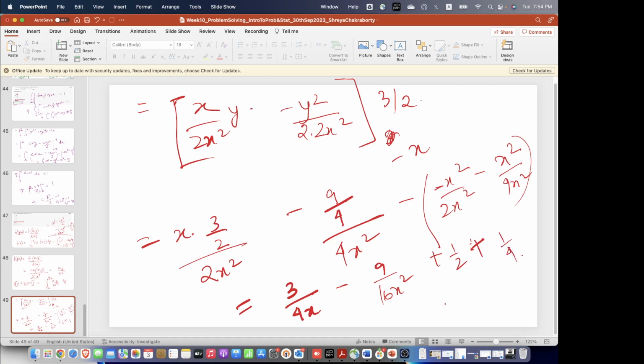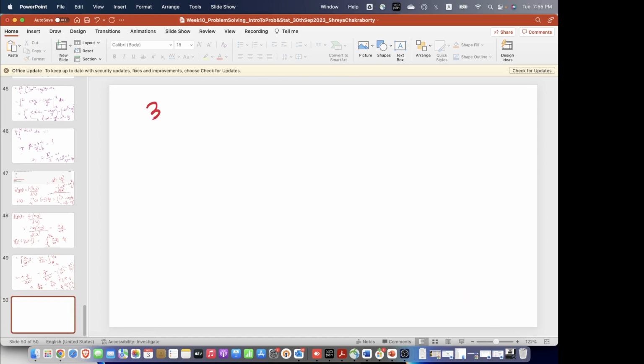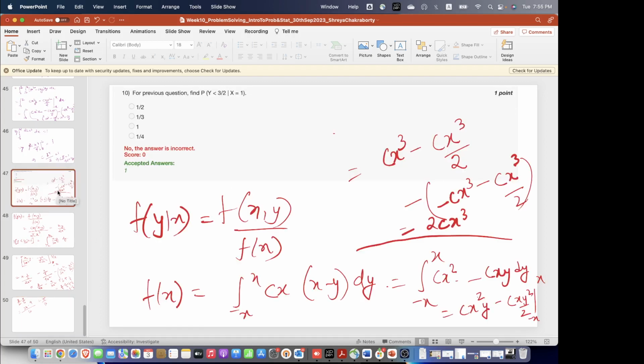Alright, so now at x equal to 1, we'll just substitute x equal to 1: 3 by 4 minus 9 by 16 plus 1 by 4 plus half. So it will be 3 by 4 plus 1 by 4 is 1, plus 1 by 2, that's 3 by 2, minus 9 by 16. So this would be 24 minus 9 over 16, so this would be 15 by 16. No. There is some problem with this one.